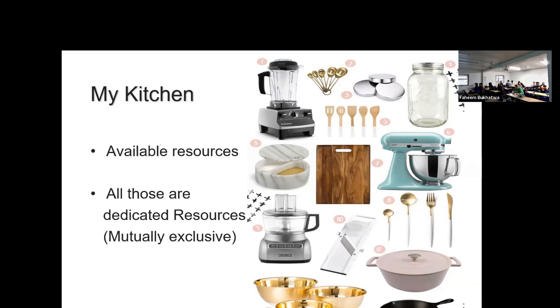No two people can, for example, hold this and start using it for chopping vegetables or whatever it is, or use the same cheese grinder, until one person finishes with it. There's another term I want you to start remembering. It's called mutual exclusion. Mutually exclusive device, what does that mean? That means it can only be used by one person. It's exclusive to you.